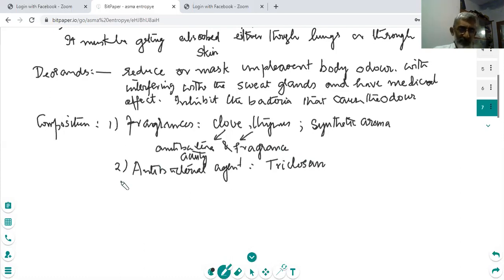The third one is the fixative, which will fix the substances to the body.